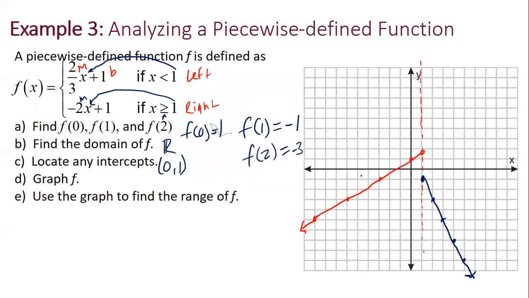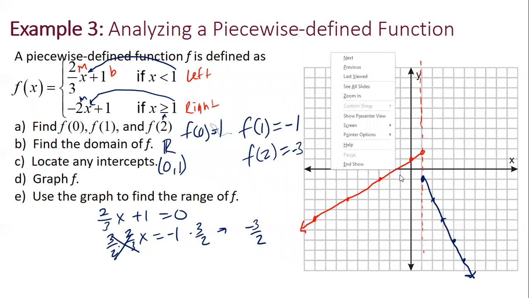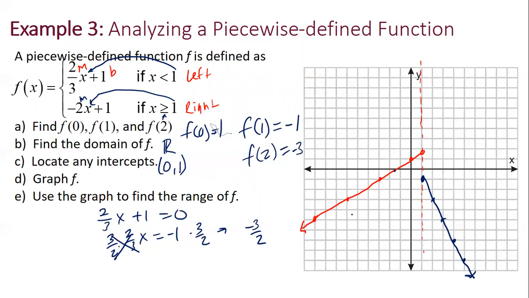I would have to use the first equation and set it equal to 0. So if I have 2/3 x plus 1 equal to 0, that gives me 2/3 x equals -1, multiplied by the reciprocal. So I know that my x-intercept is at -3/2, which I did a pretty darn good job of sketching. I don't know if you've noticed. But my other x-intercept is at -3/2, 0.